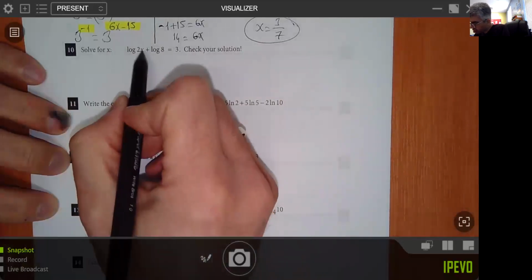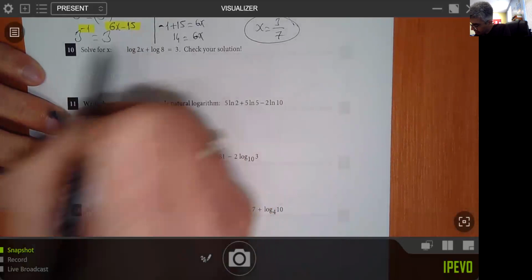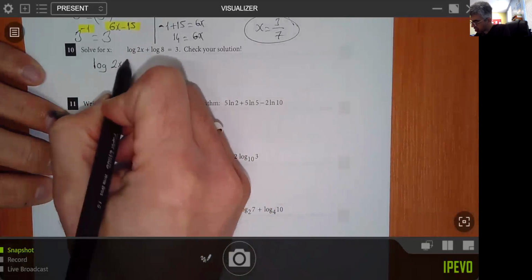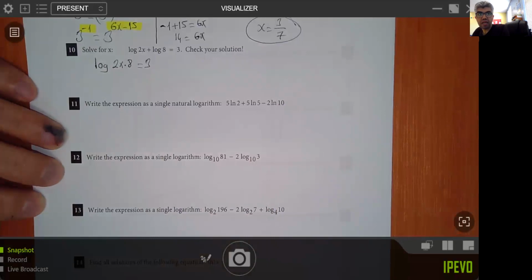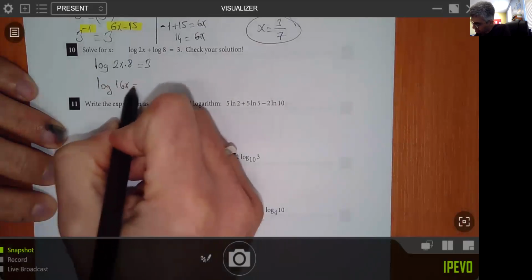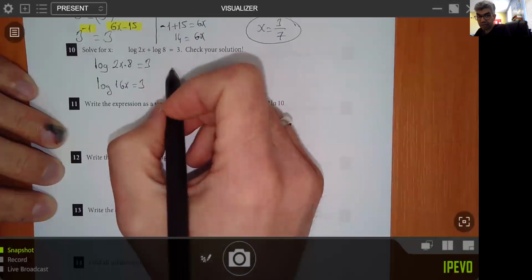We have the sum of two logarithms. Guys, we have to write this as logarithm of 2x times 8. Yes? It's equal to 3. If we have a sum of two logarithms, we can condense them and write as one logarithm. So we have logarithm of 16x equals 3. What is the base here? Base is 10, right, guys? So I write this as exponential.